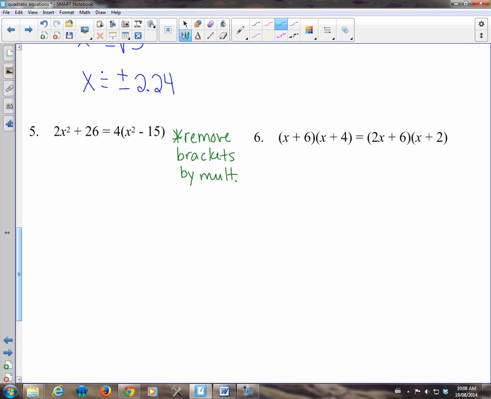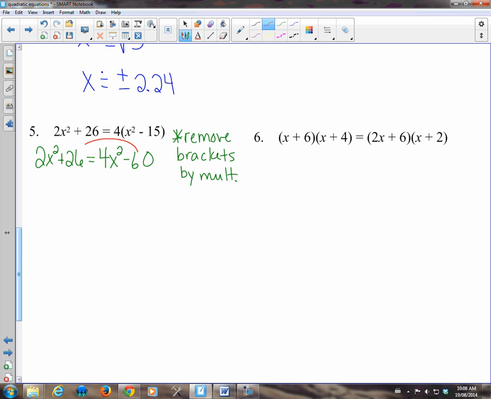So in 5, I'm going to multiply everything in the bracket by 4. And 15 times 4 is 20, carry the 2, 60. And these ones are more complicated. There's still no linear term, no x term, but there's more than one x squared and there's more than one number. So I want to put the like terms together.